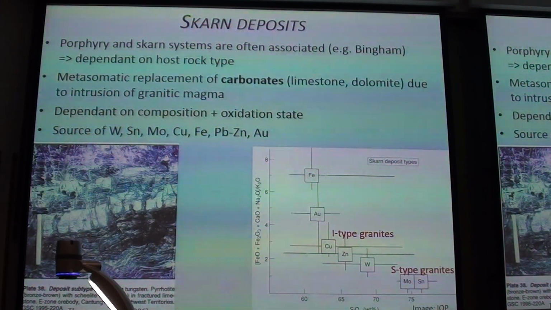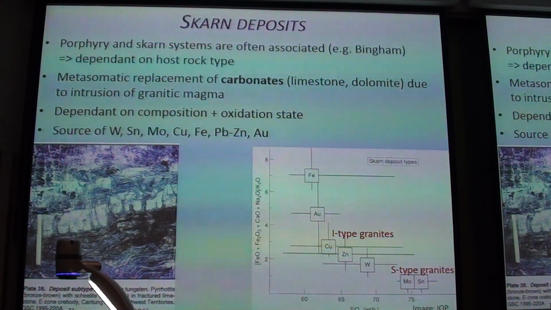So if we start with, for instance, a Bingham Canyon porphyry system that shallower up encounters some carbonate in country rock, we can cause these reactions that precipitate minerals in different ways.